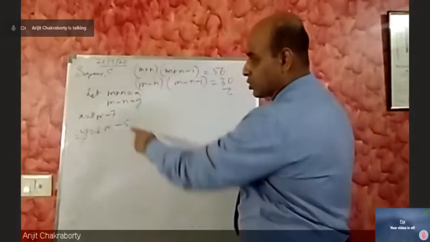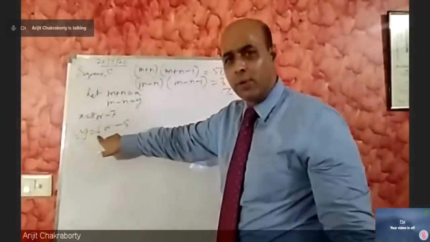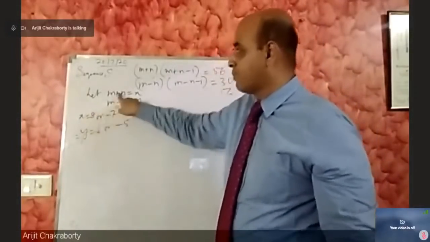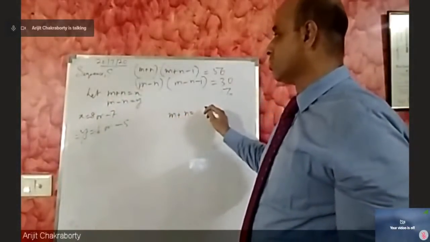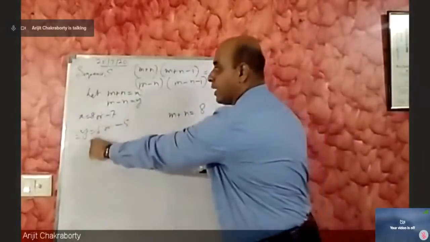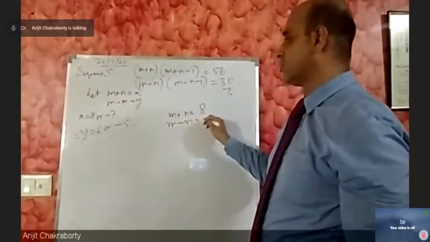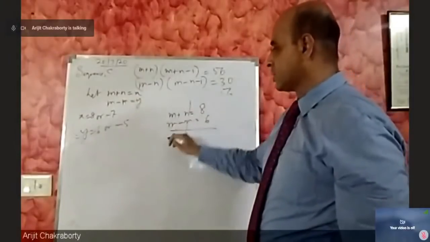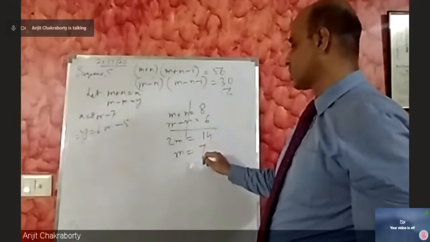Let's see this one. So we have got x is equal to 8 and y equal to 6. But we know x is m plus n, so we write m plus n equal to 8. y is m minus n, so m minus n equal to 6. So n and n cancel out. You have 2m equal to 14, that is m equal to 7.